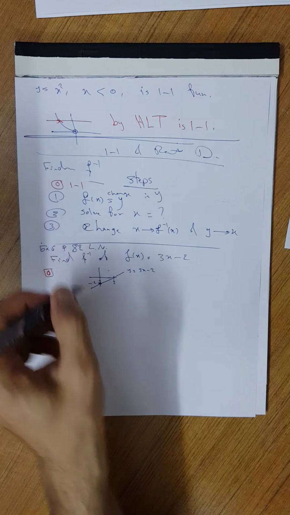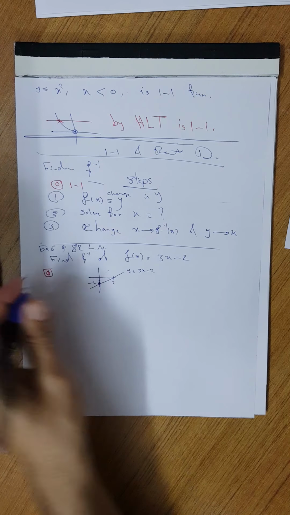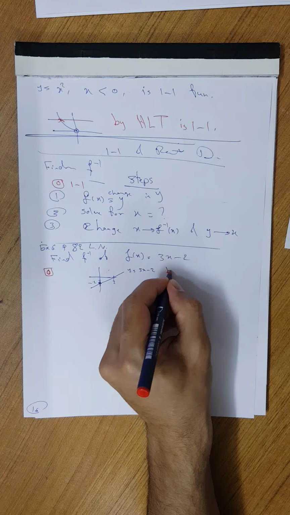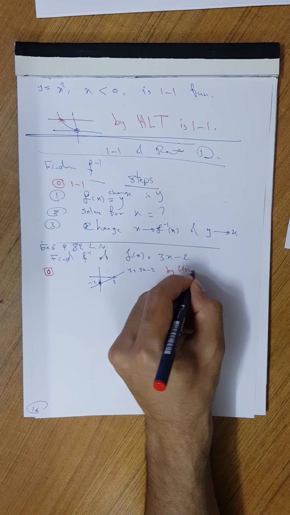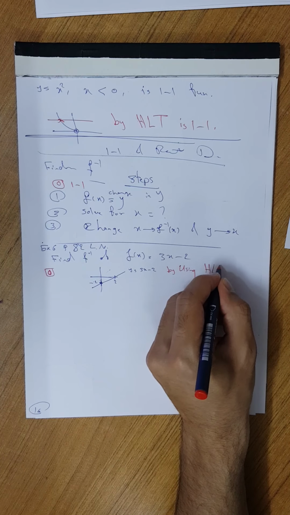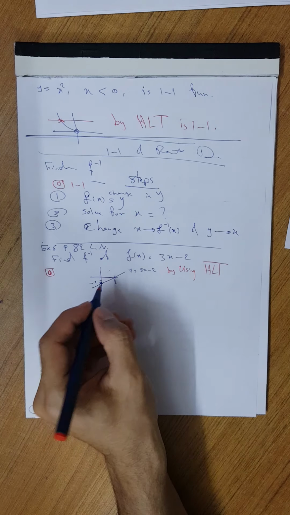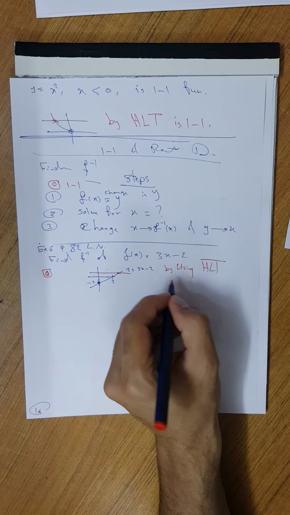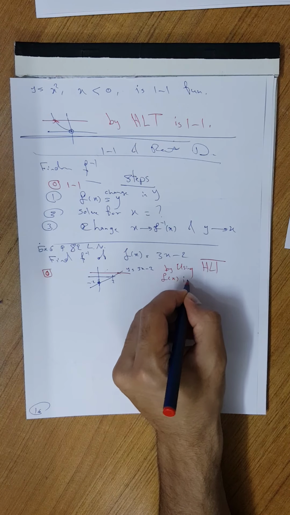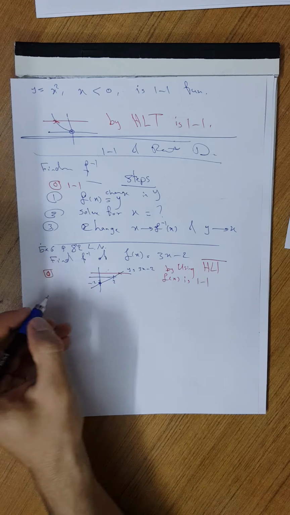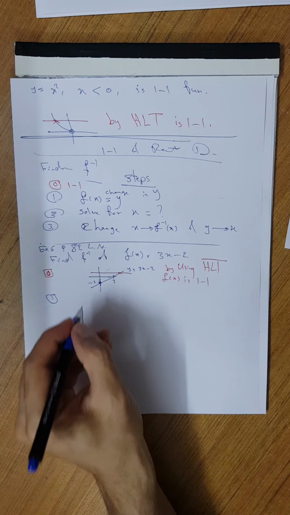Now, because I have just a line, by using the horizontal line test, we have that f of x is one-to-one. Okay, now I'm going to step number 1.